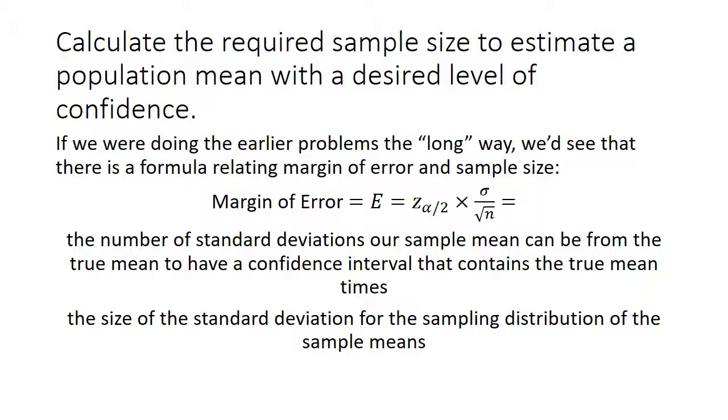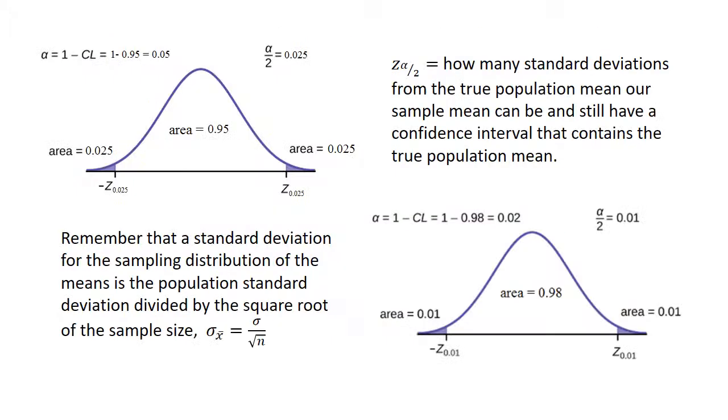We're going to find that in our calculators. Then we multiply that by the standard deviation for the sampling distribution of the means. If we remember from the previous section, that is the population standard deviation divided by the square root of the sample size.